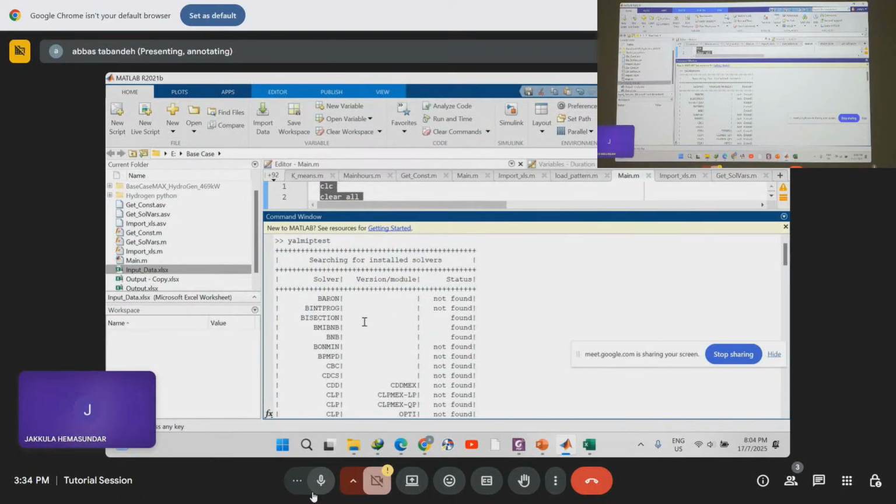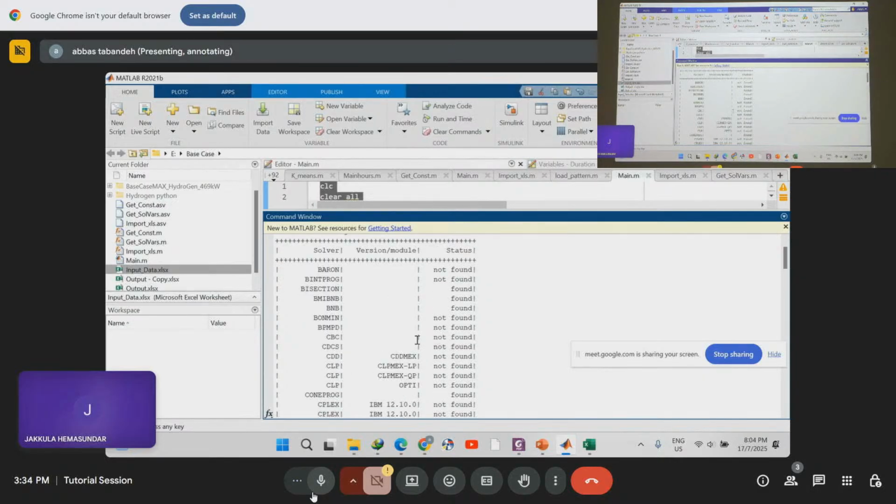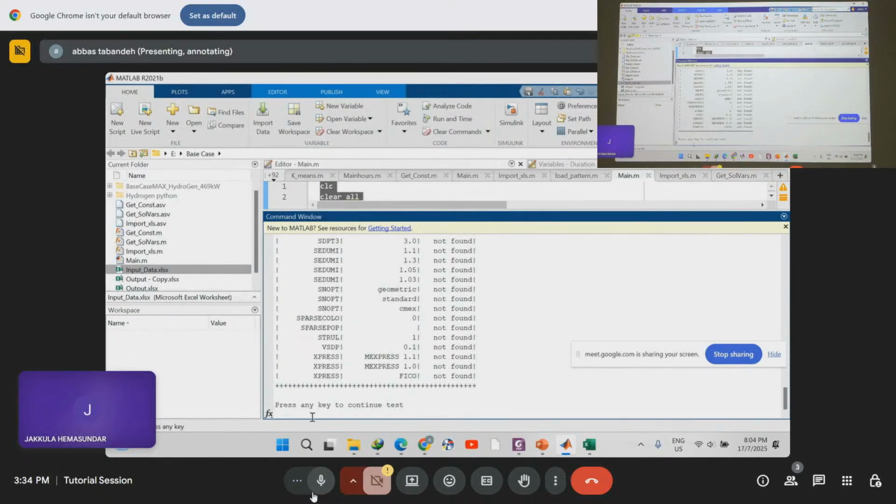For example, these solvers have not been installed, however we don't use them. Some solvers have been installed already. If you press any key, it will solve an example problem for you.